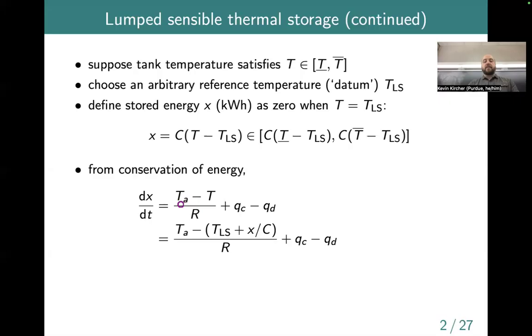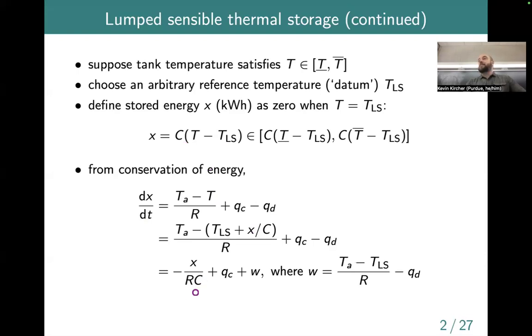On the left-hand side, we can write T in terms of X. If we solve the definition of X, the energy, for T, the temperature, we get this formula that shows up here. Then we can simplify terms, and we get something that looks pretty similar to a battery equation. On the left-hand side, we have the time derivative of the stored energy. On the right-hand side, we have minus X divided by RC.